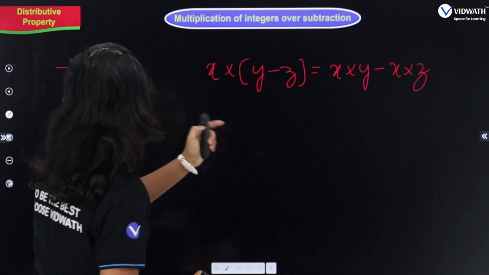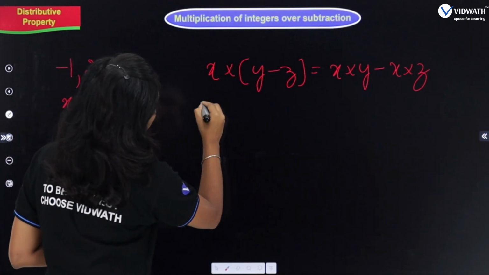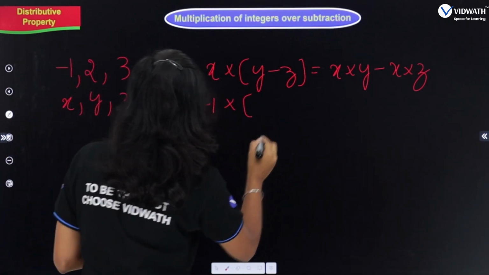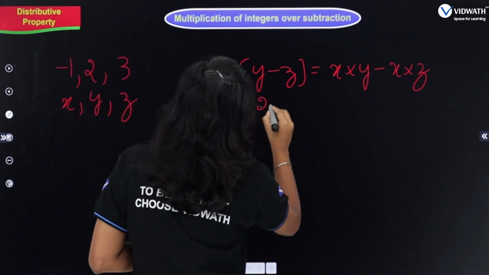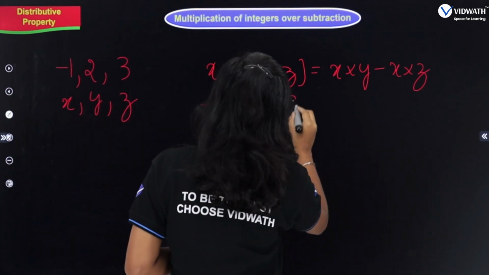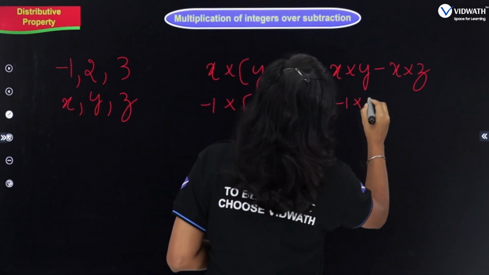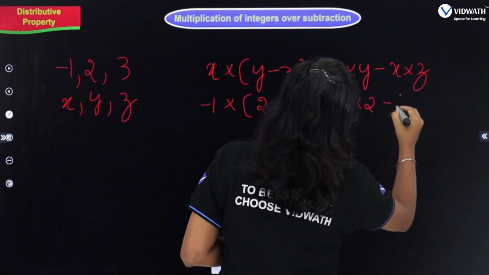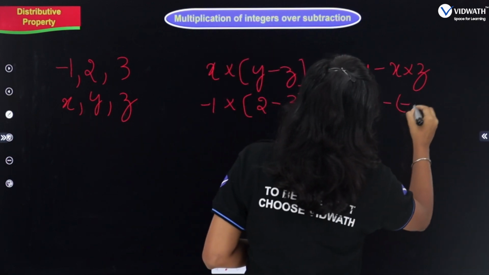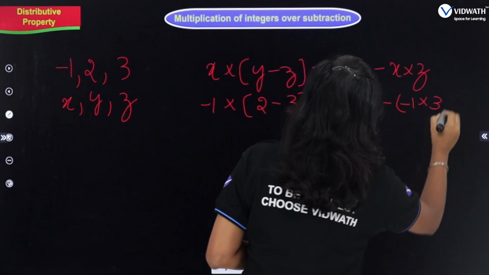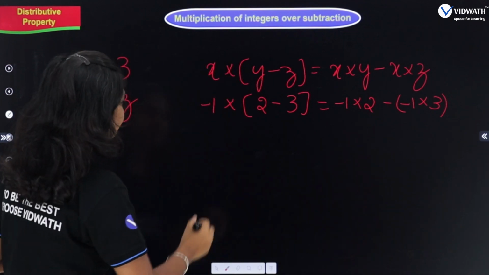And now we substitute the integers. That is, x is -1 into what is y? 2 minus z is 3, which is equal to x is -1 into y is 2 minus x is -1 into z is 3. Now we will solve this.